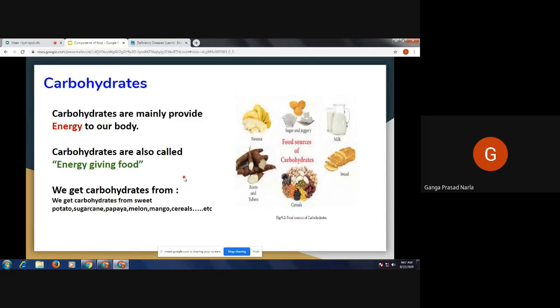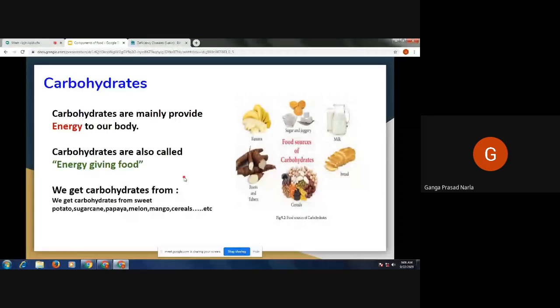Next, which food items are called energy giving food? All of you, please respond in the chat box. Students, please respond. Be fast.